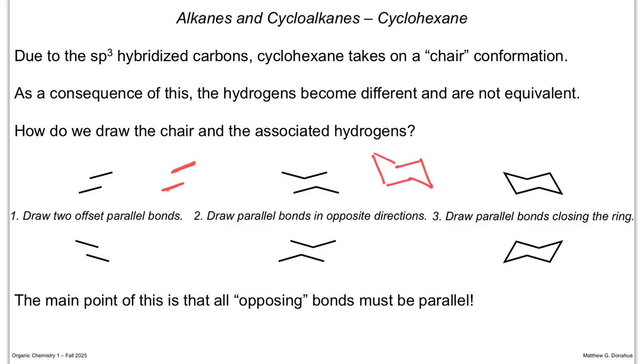And then as you see, in a chair, there's two conformers. So the main thing is opposing bonds should be parallel.